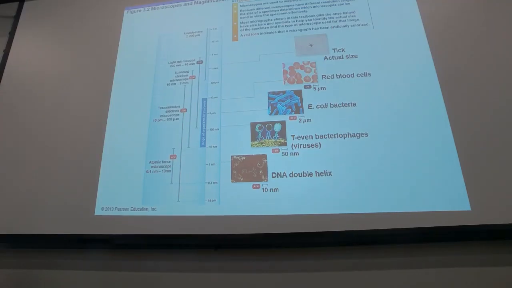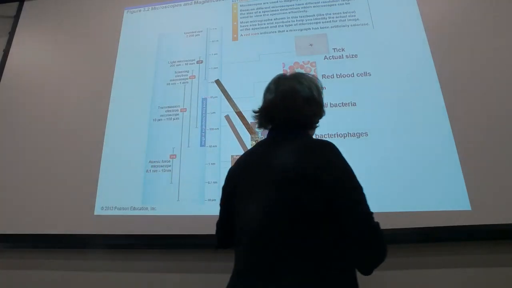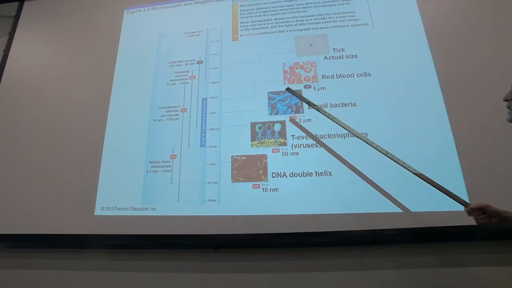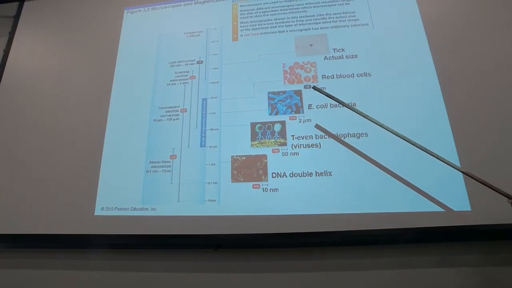And of course, when you're young and you don't have visual problems, it's much easier for you to see really small objects. But of course, as we age, we have to wear lenses, glasses, and in this case, you can see.